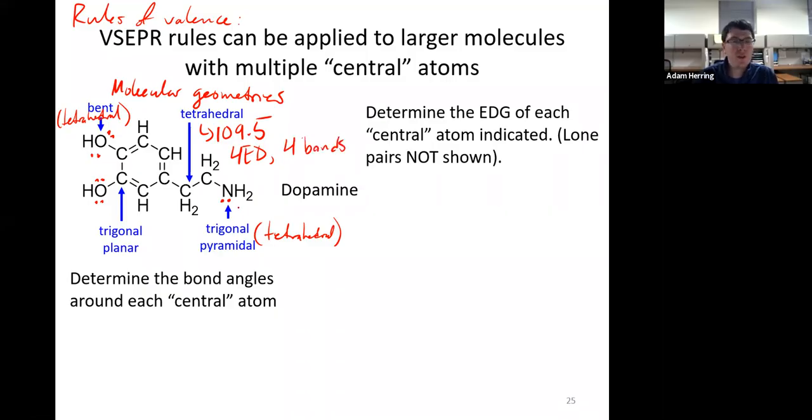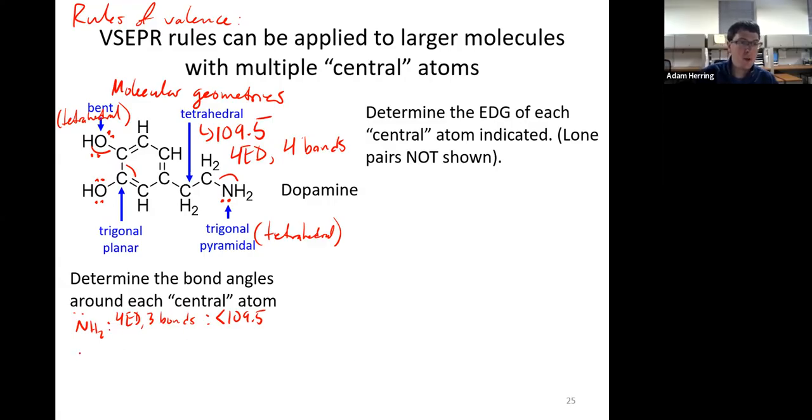Okay, now pause the video and try to determine the bond angle for each of the other atoms that are indicated. So for the nitrogen, here, here, and then here. Welcome back. So for the nitrogen, we see again this has 4 domains, but 3 of them are bonds. That means it's going to be close to 109.5, but slightly less than, due to the increased repulsion of the lone pair of electrons.